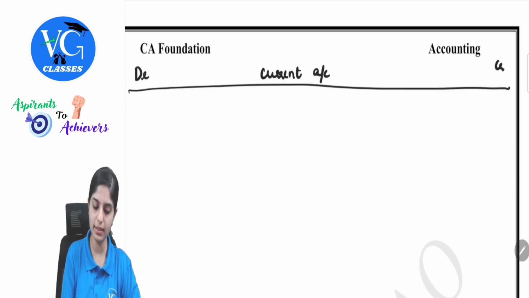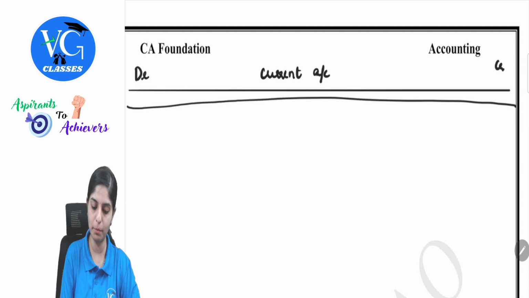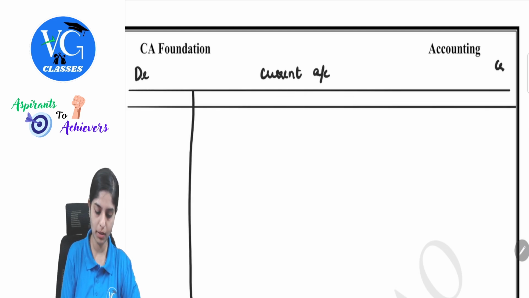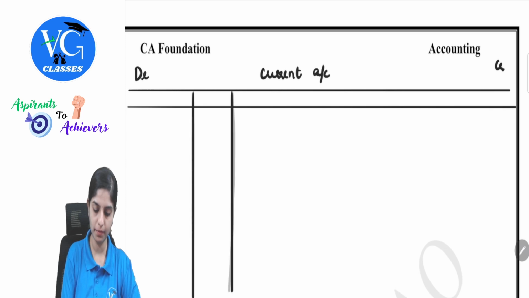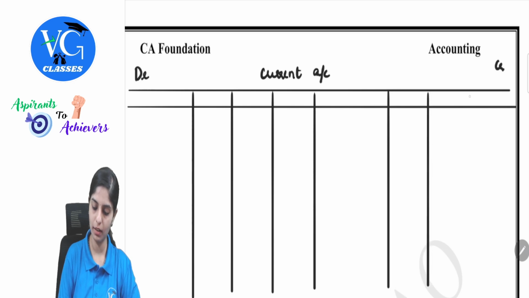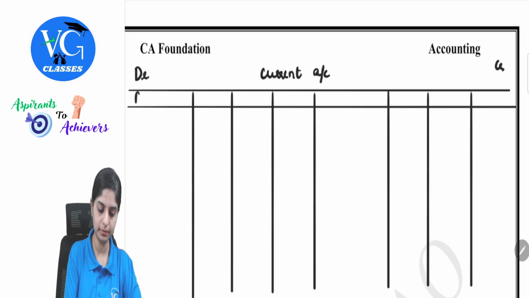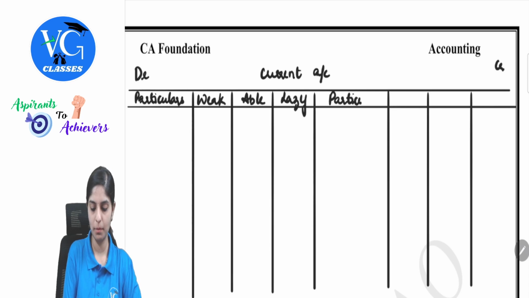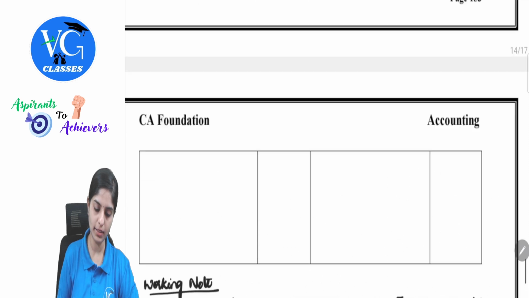Depending upon what balances they have given in the question, we will have to bring it down. So this will be particulars, Weak, Able, and Lazy. So let's bring down the balances.